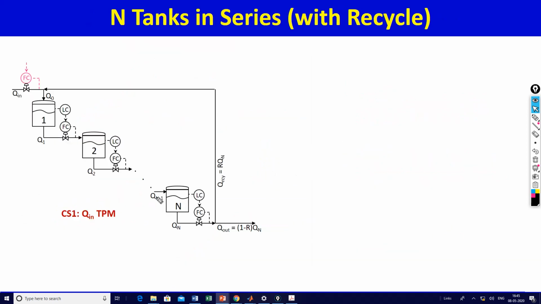Okay. Now let's look at N tanks in series with recycle. So we've got over here the flow out from the nth tank.